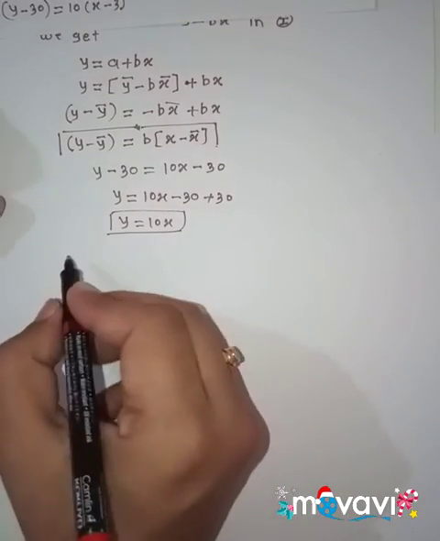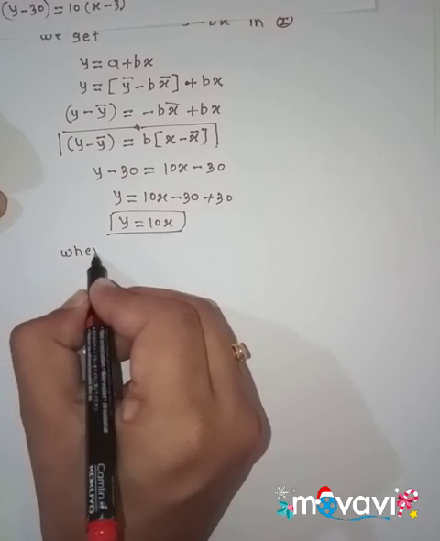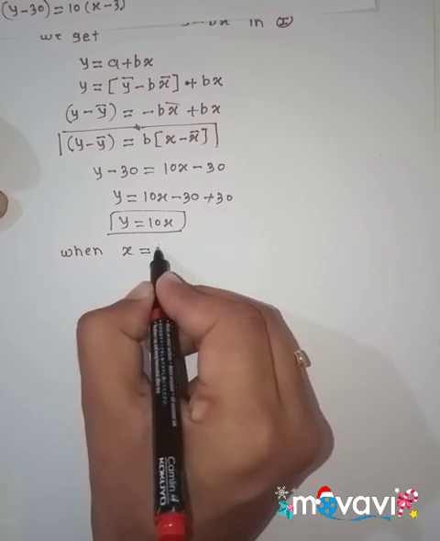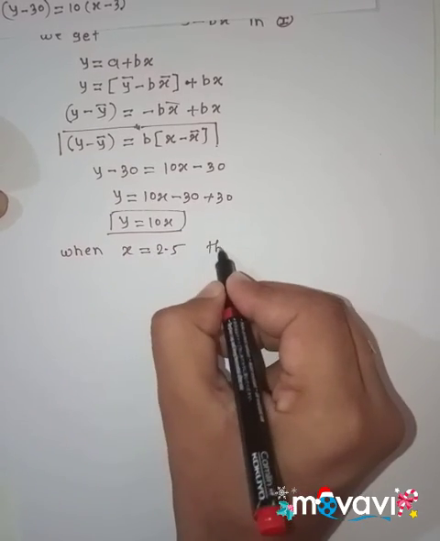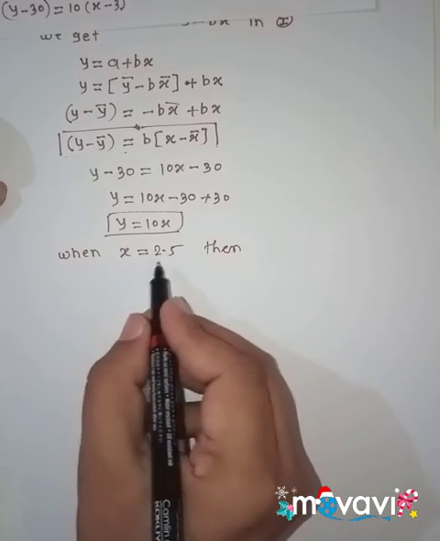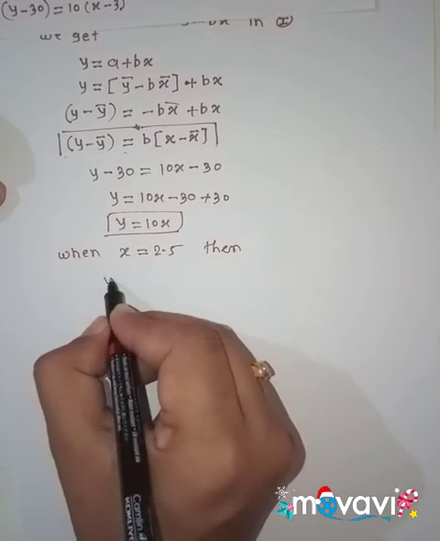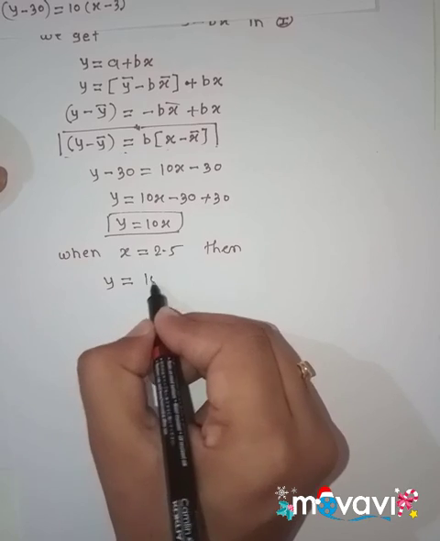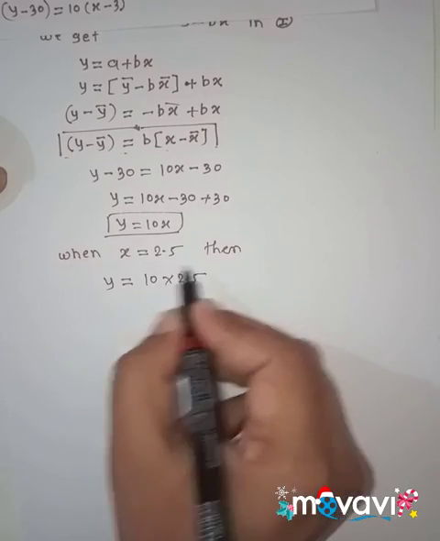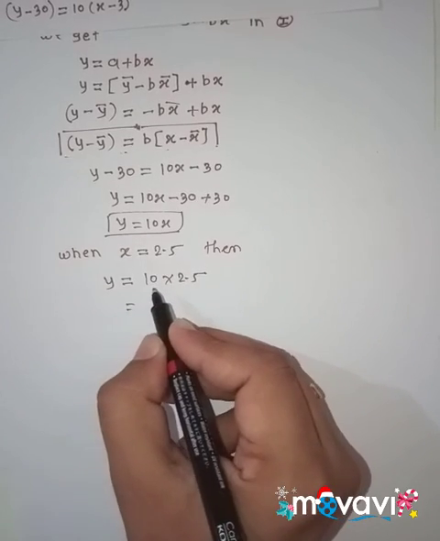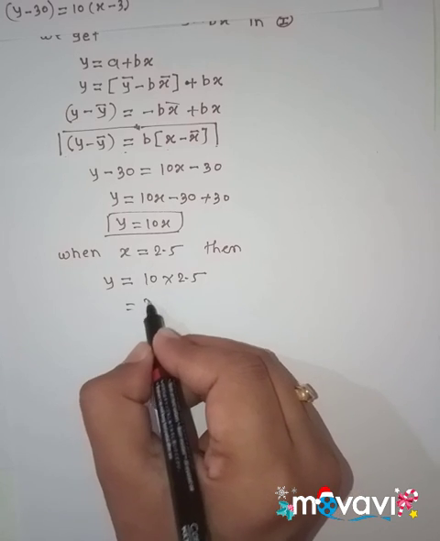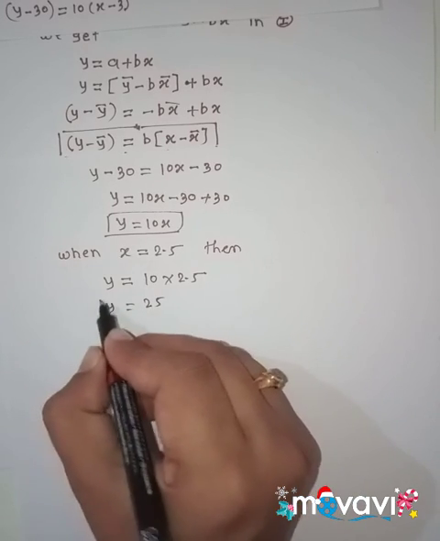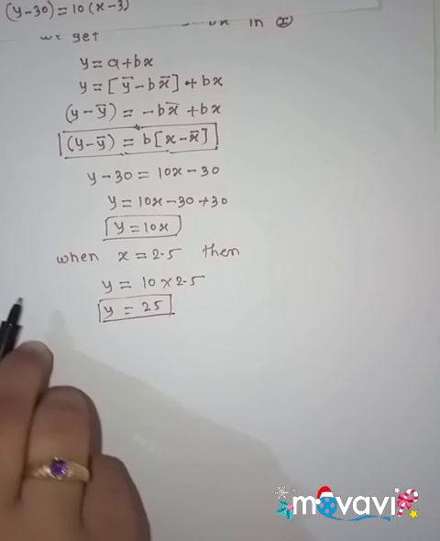So when x equal to 2.5, we put x equal to 2.5 in y is equal to 10x, we get y is equal to 10 into 2.5. So if we calculate this, we get y is 25. This is our final answer.